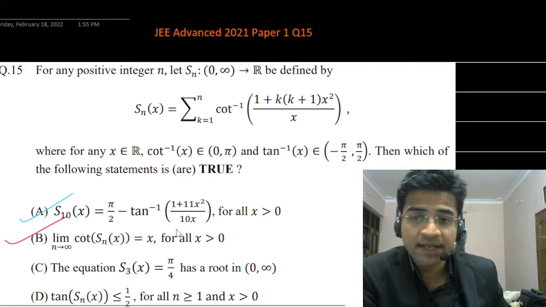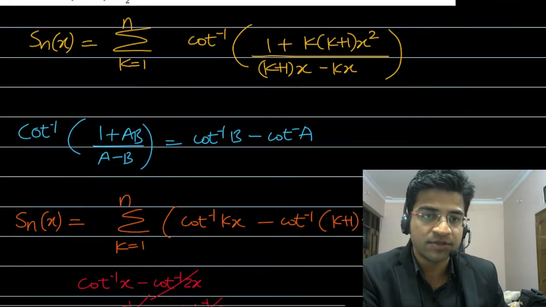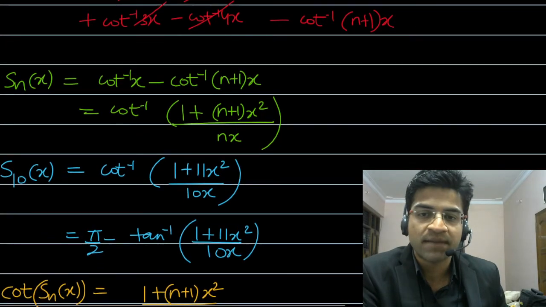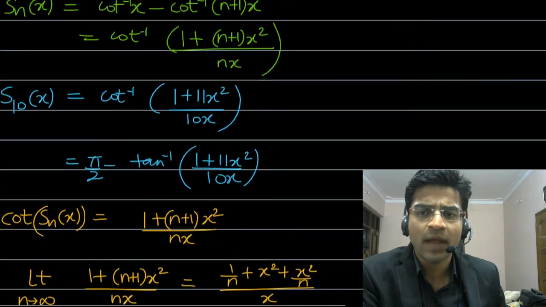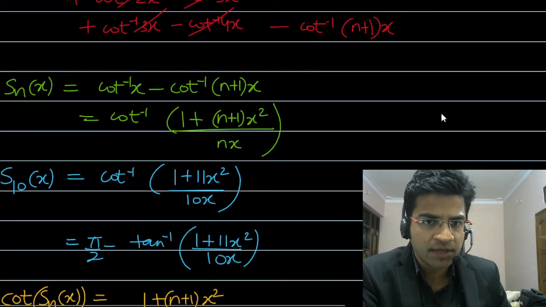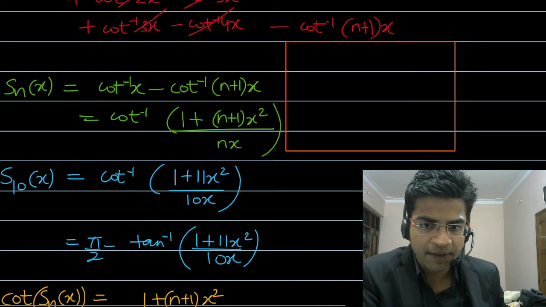Now option C. The equation S3(x) is equal to pi by 4 has a root in 0 to infinity. Now what is S3(x)? S_n(x) is cot inverse of (1 + (n+1)x²) by nx. So we should write it here only. I hope the screen is not hidden by my video. Let me check.